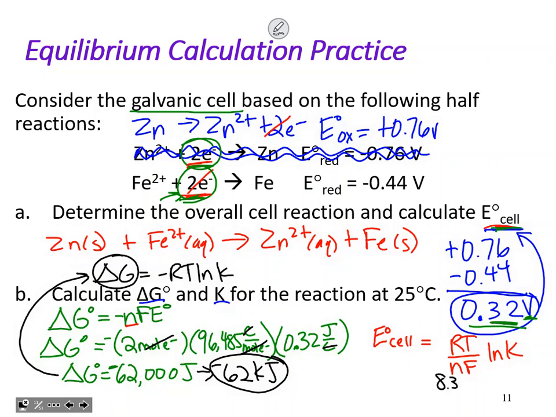So we get R is 8.314. For the temperature, add your 273 to that, so this is going to be 298, not 289, 298.